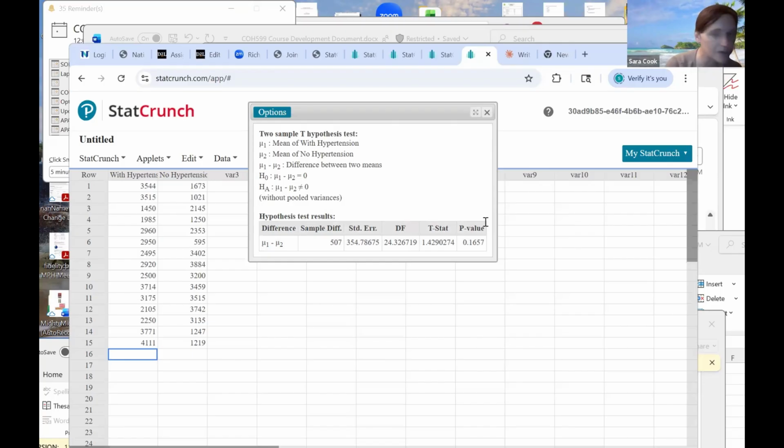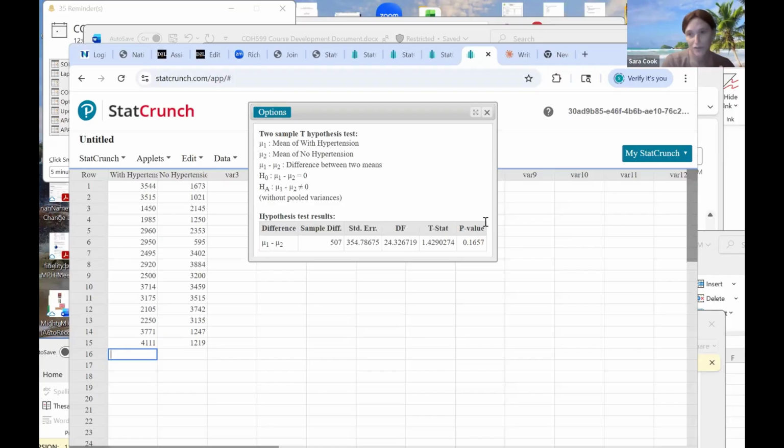And the way we set up a hypothesis test is kind of goofy. You can think of it as innocent until proven guilty. We need enough evidence of a difference to conclude that there is a difference. And 507 as a difference isn't going to cut it for a sample size this small.